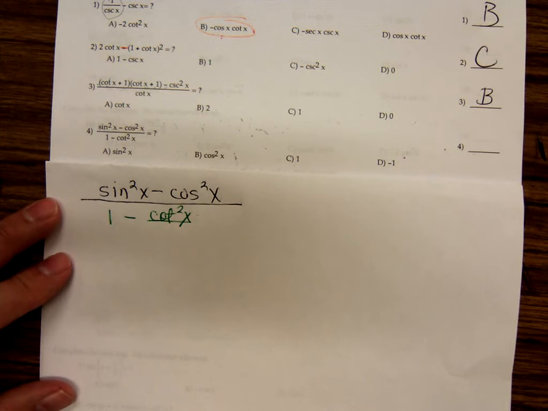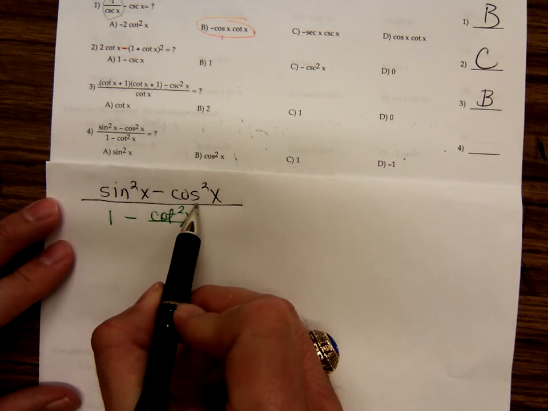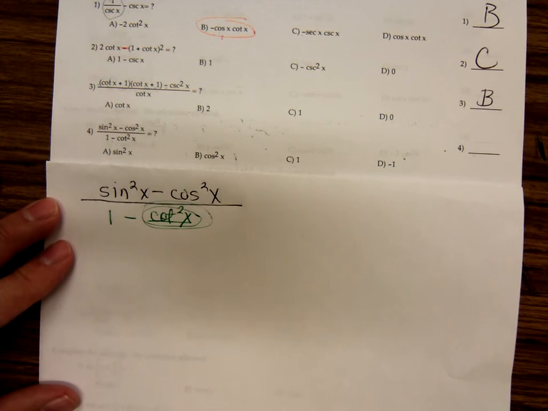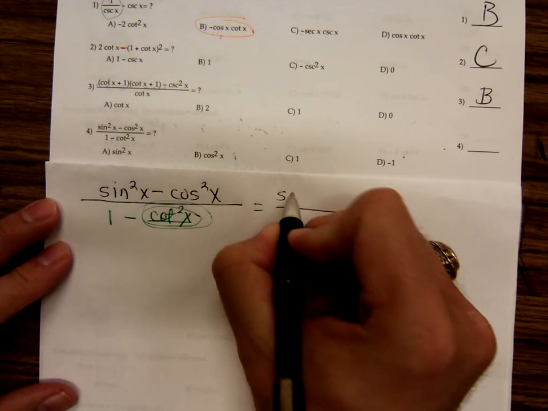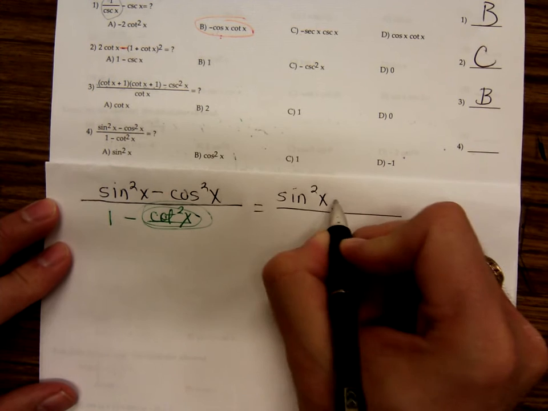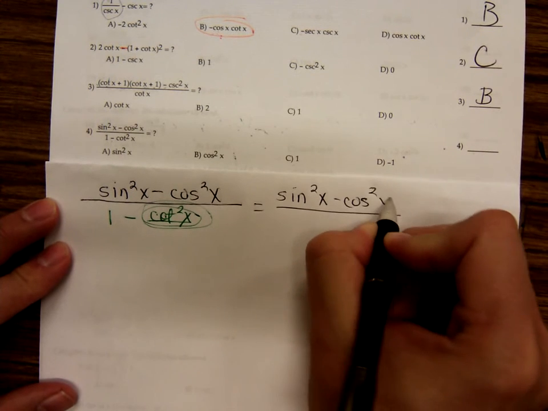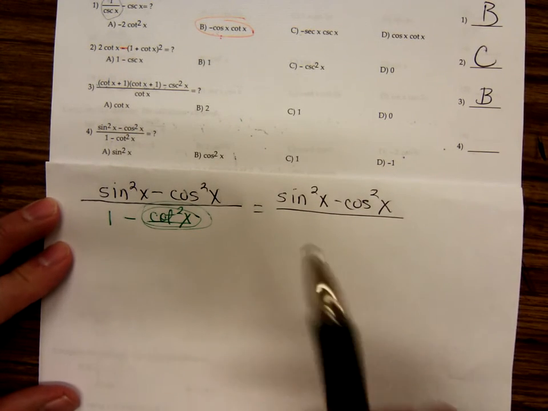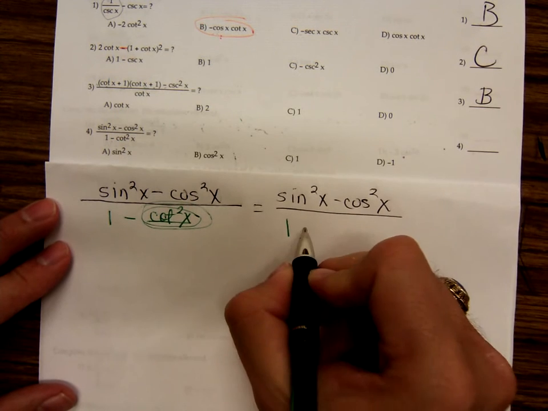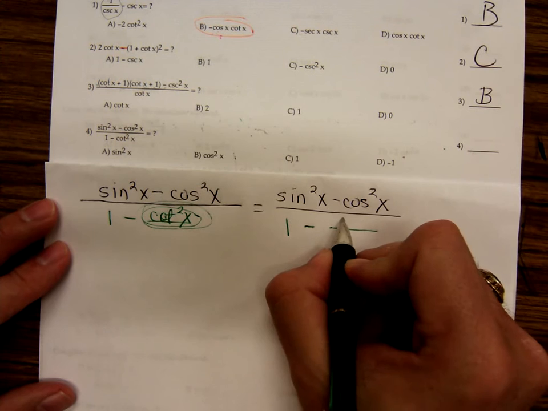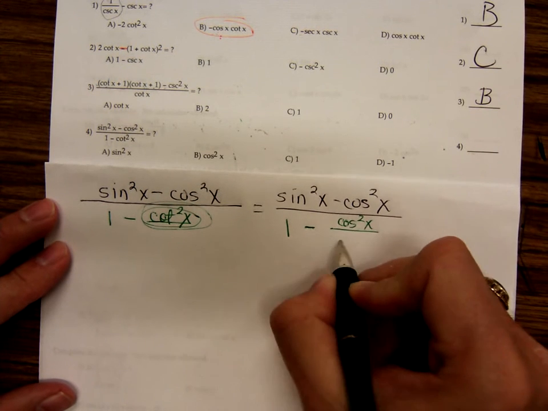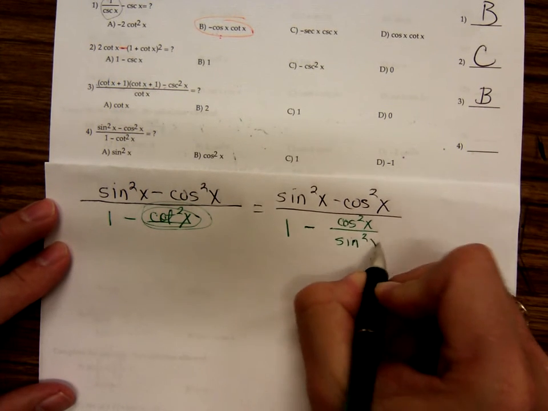If I wrote everything in terms of sine and cosine, the thing that I need to rewrite is this cotangent. So it's going to look a little messy at first. Sine squared x minus cosine squared x over 1 minus, thinking of that cotangent as cosine squared x over sine squared x.